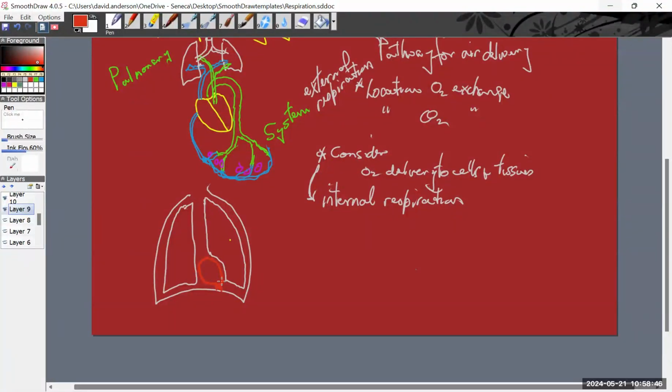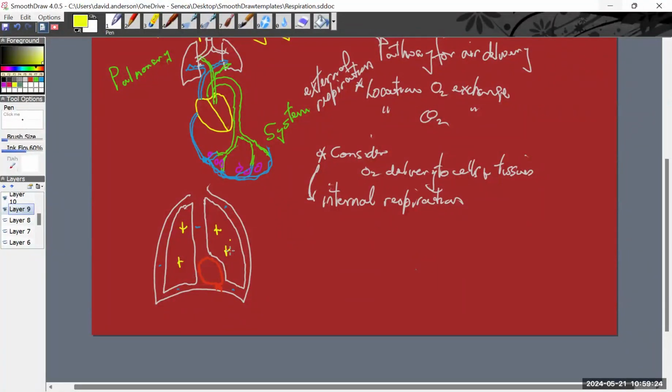Now, this thoracic cavity, which is the location for the lungs, is also under what we call a negative pressure. We mentioned this negative pressure when we talked about venous return. But the negative pressure serves a purpose for the respiratory system too, because if it's more negative in these spaces relative to inside the lung, then that's going to help ensure that the lungs are inflated.